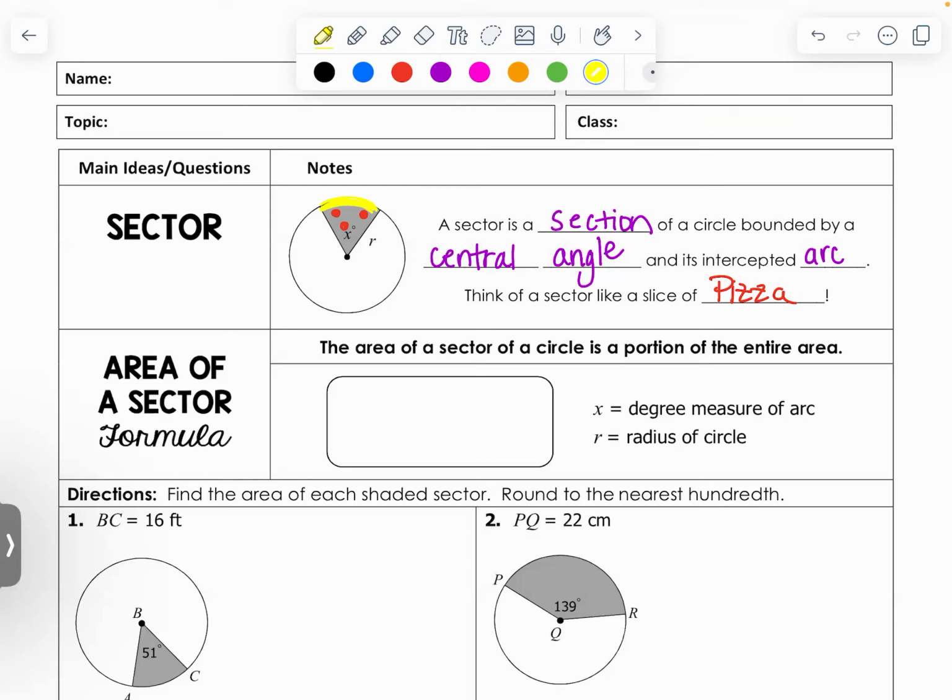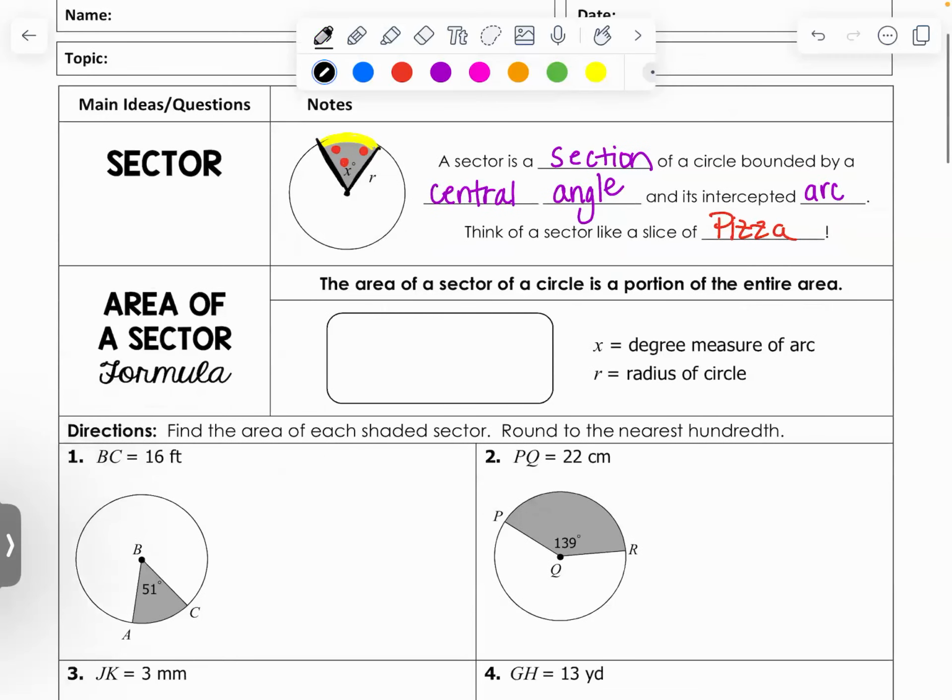And then the sides are our central angle, right? Where we would cut the slice of pizza. And what we are going to do is work on the area of our slice of pizza. Okay, this will go very similarly to how we did arc length yesterday.